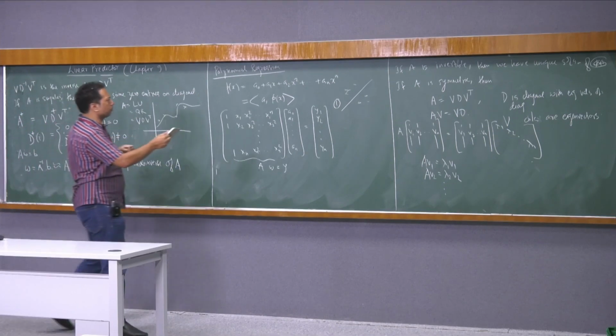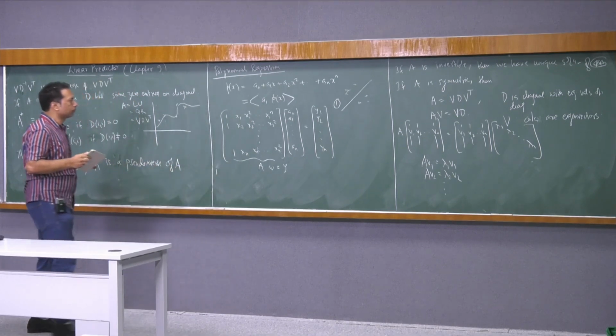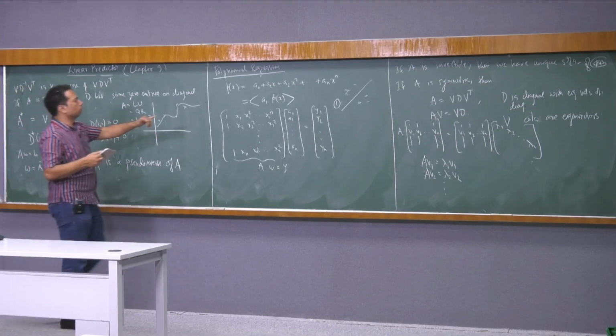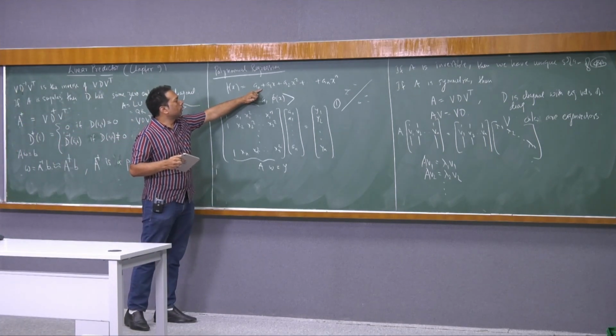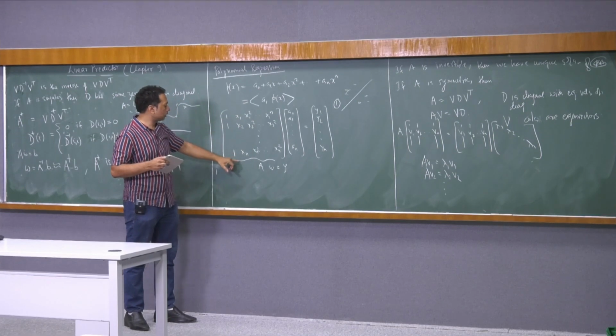Then we went to the regression problem today, and in the regression problem we are fitting the line. Again, it's all line because it's linear, but essentially you can also talk about polynomial fitting, because it is again a least square problem.